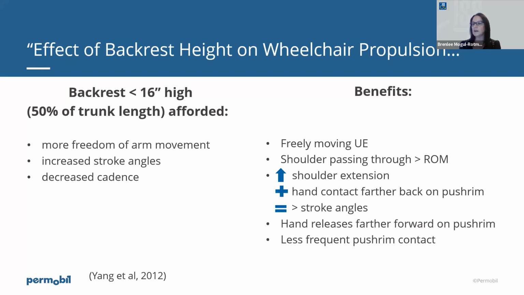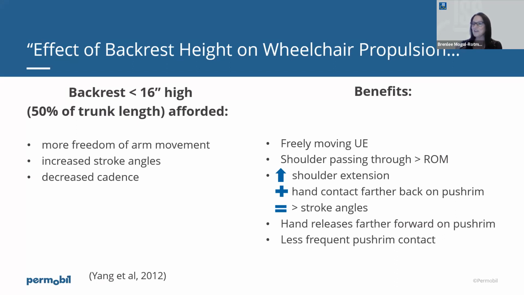And they either used a back support of 16 inches in length, or a lower back support that was measured at half the dimension of the client's trunk height. And the results concluded that pushing with the lower backrest length enabled greater range of shoulder motion, increased stroke angle, push time, and reduced amount of strokes, whether the treadmill was flat or whether the treadmill was sloped.